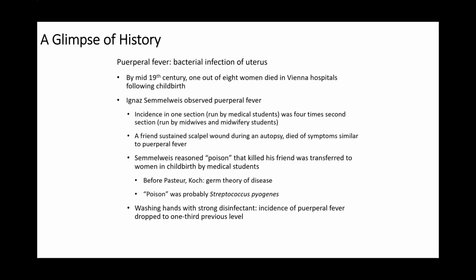But let's just say that if it's a poison, if the poison could move from a dead woman during an autopsy to a medical student, then why couldn't a medical student give a poison to the woman that was giving birth? So this is before germ theory. And so we weren't 100% sure of what the poison was. We know that the poison was likely Streptococcus pyogenes now.